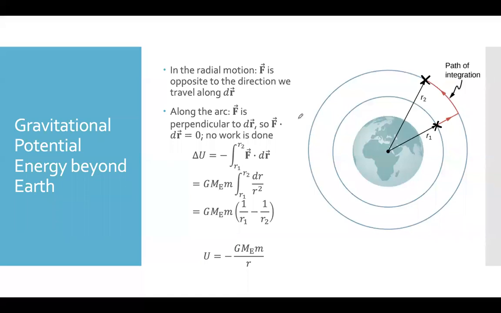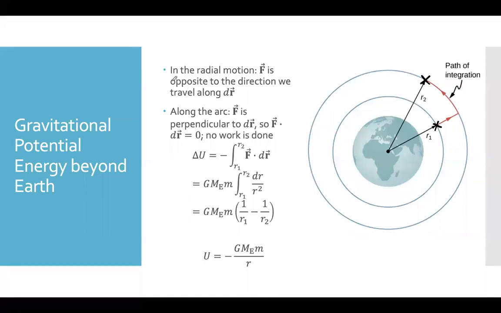So we will put this to use. First we have a radial motion, so motion in that r direction, away from the center of mass. And with that, our F is going to be in that same direction, right? Our gravitational attraction is going to be in that same direction.